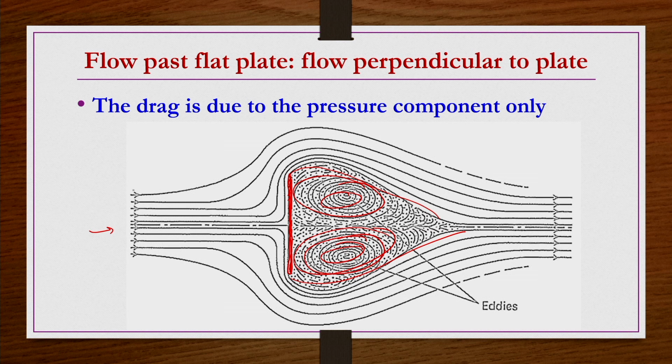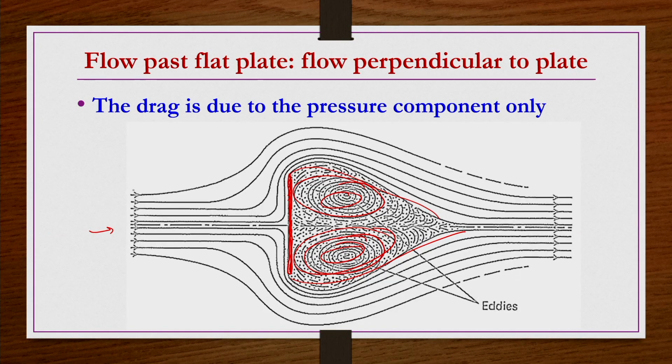So, the flow direction, shape of the geometry, and orientation of the geometry are going to have a very important role in these drag components. That is, we can see the same plate, if the orientation is changing from one orientation to another, in one orientation the pressure component is dominating, and in the other orientation the wall shear component is dominating.